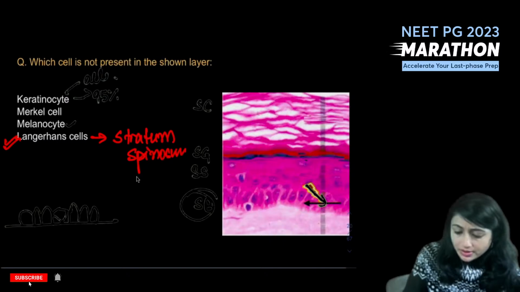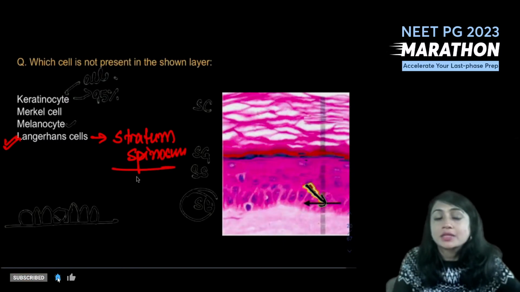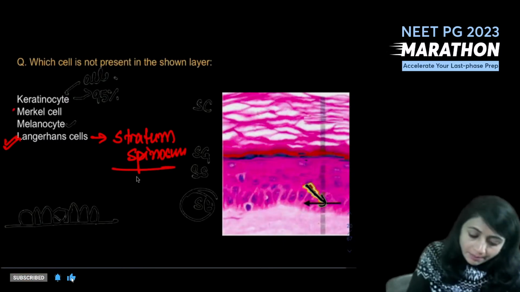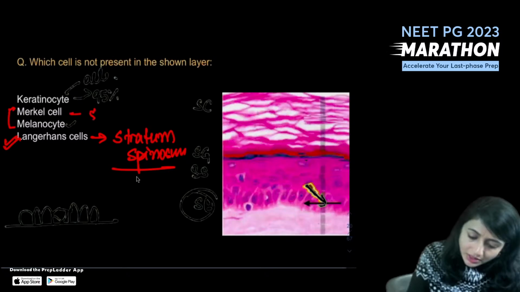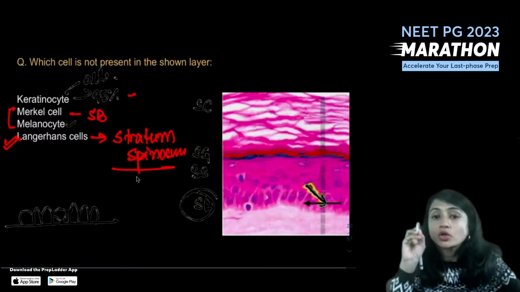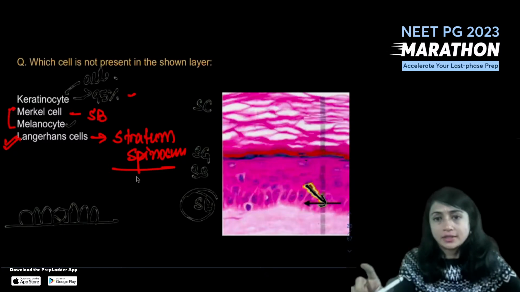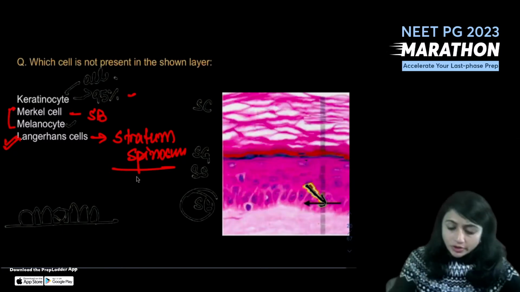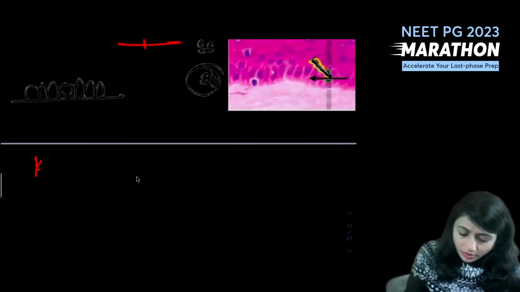You should be knowing this. Merkel cells and melanocytes are present in stratum basale, and keratinocytes are present in all layers of the skin. Okay, so here I will quickly revise the important points that you should be knowing about all these cells.